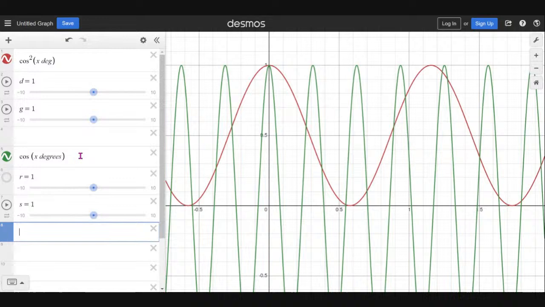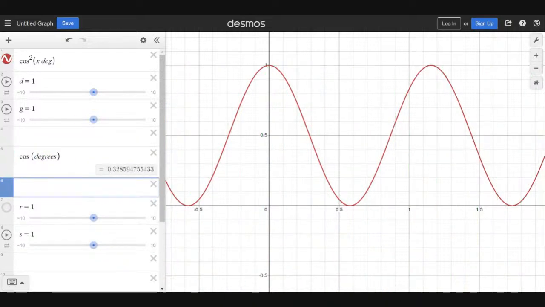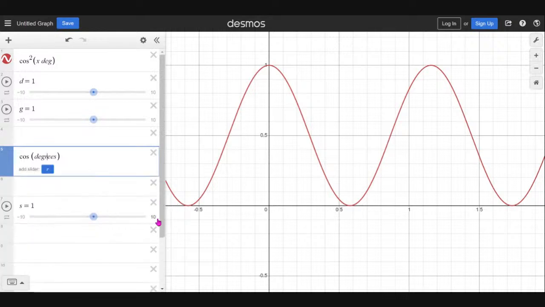Instead of x, maybe just say degrees. What the hell? Is that some variable? I don't know. Can we tell it I want it in degrees? What's going on? Let's remove some stuff.